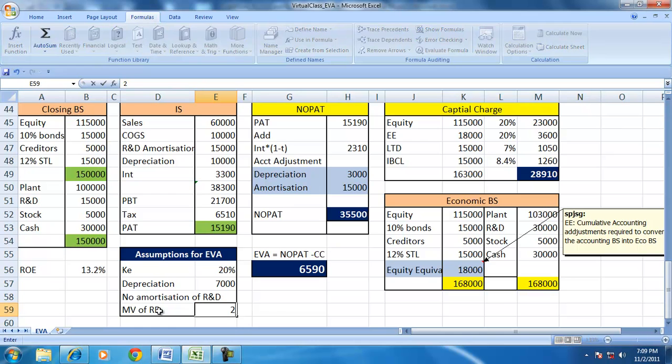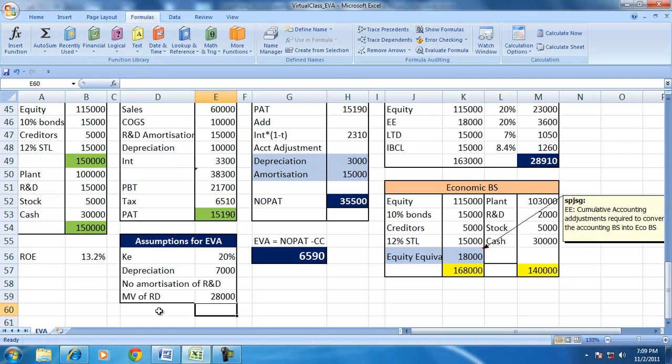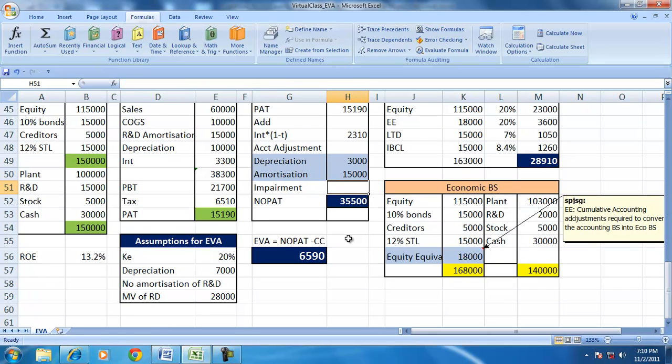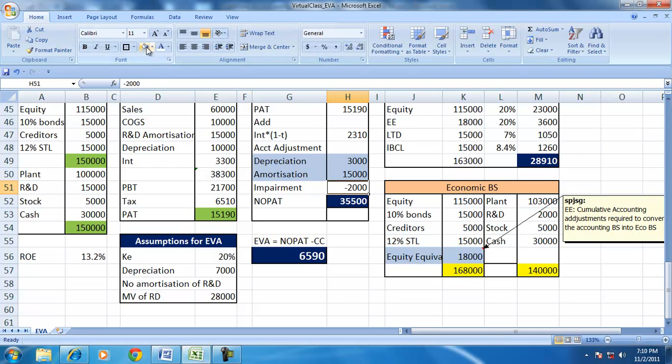If the market value of R&D is given as 28,000, we added back amortization, but there is a need for impairment because the R&D has impaired to the extent of 2,000. So minus 2,000 is the impairment of the R&D.